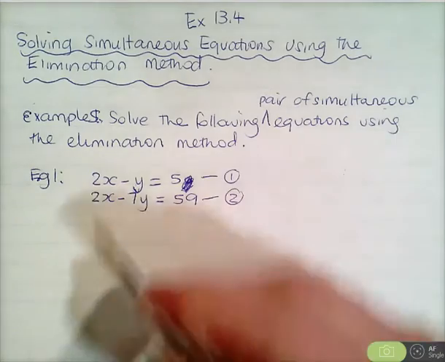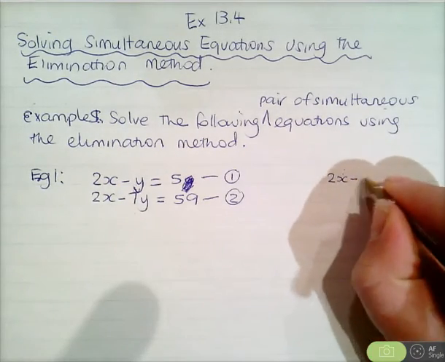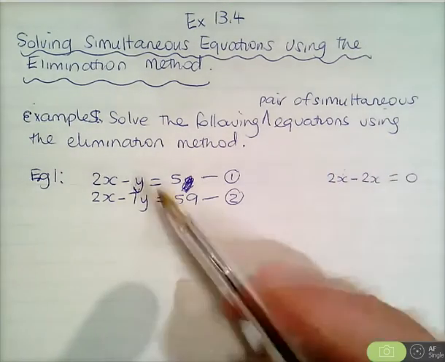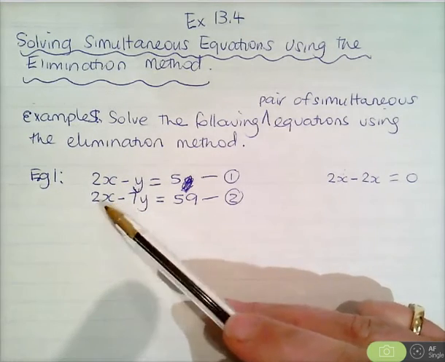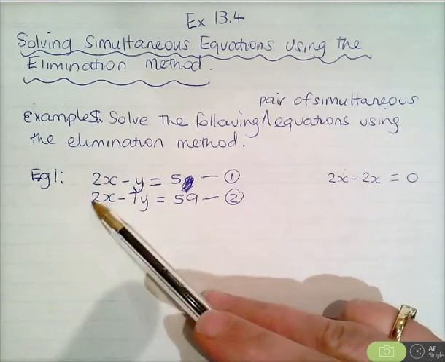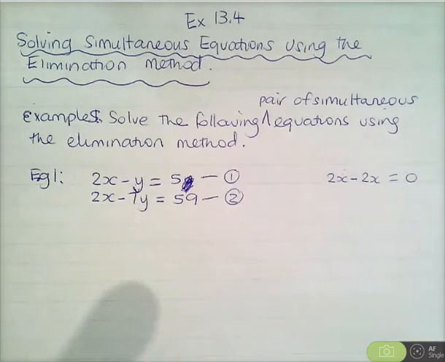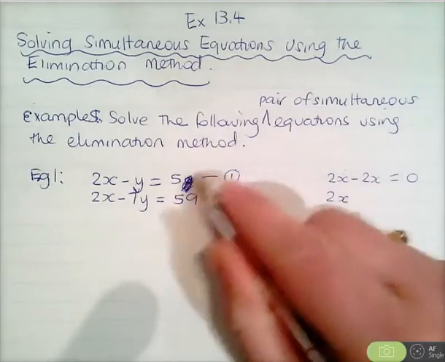So what we've got to do, we look at the two x's and we say, well, if I've got 2x minus 2x, then I will get 0. So when the coefficients of the x's or the y's are the same sign and the same size, same in number, same in sign, if I do 2x minus 2x, then I'll eliminate my x's completely. So that means I should subtract the equations.